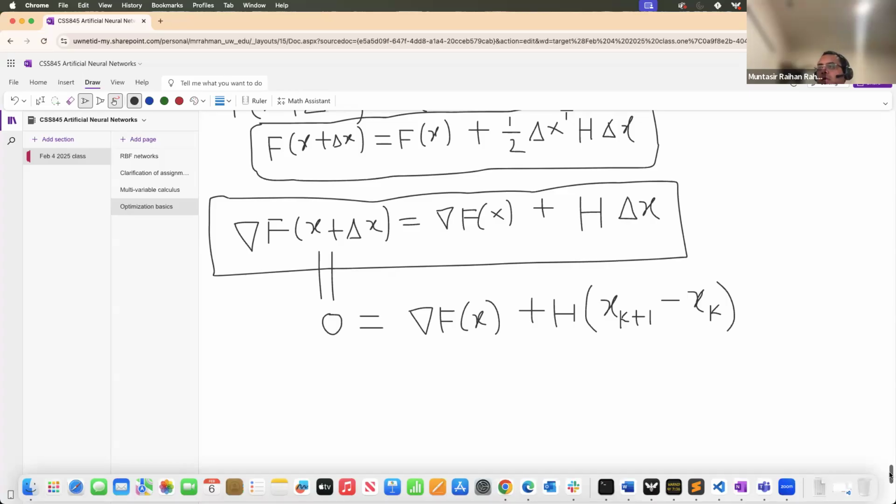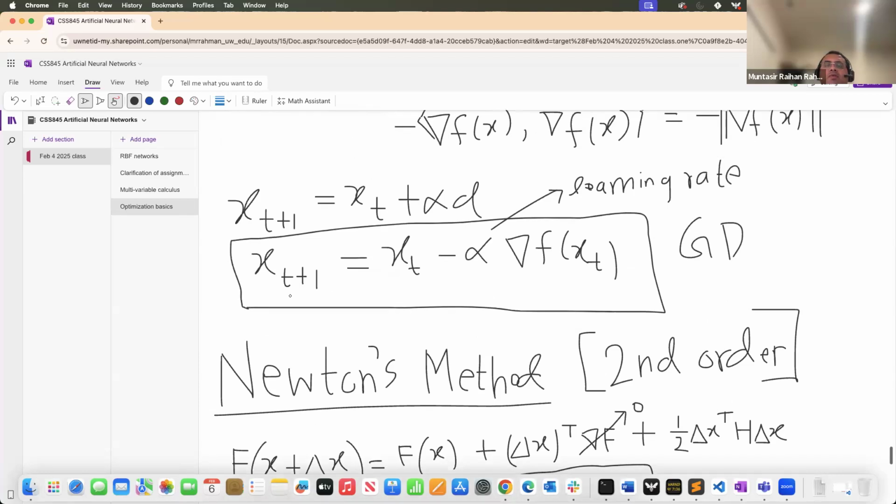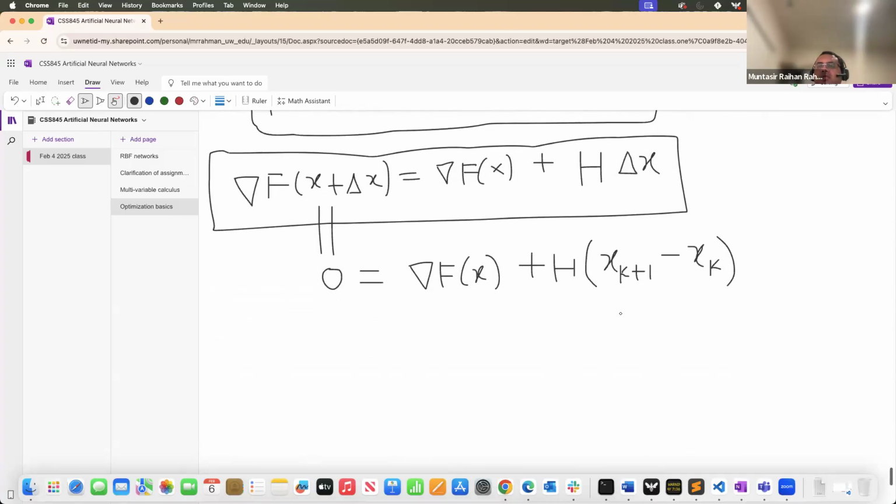Basically, I'm trying to find a rule where I say what the next value of x is, such that if I keep applying this rule, I would reach a minima after a number of iterations. So I want an expression of x k plus 1 in terms of everything else.